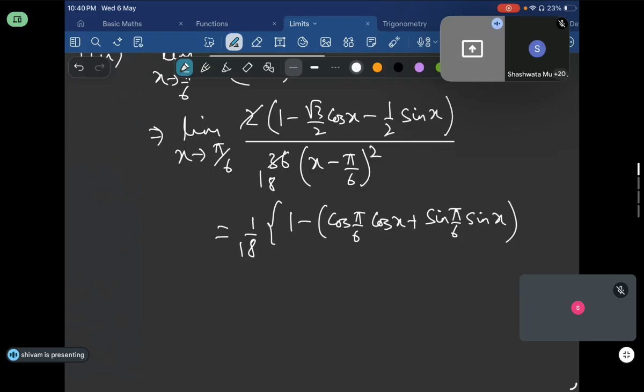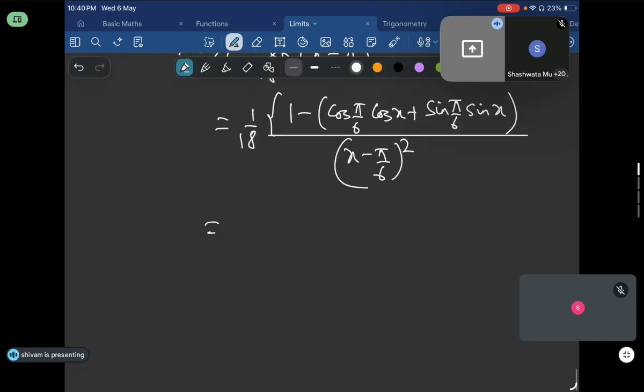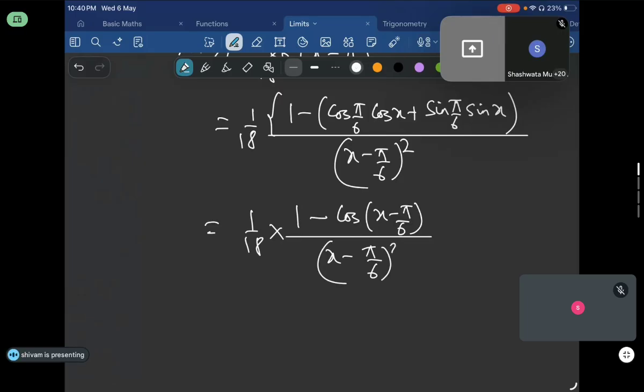Okay, everyone. So see, it is the cos a plus b formula, divided by x minus pi by 6 whole square. So see everyone, this will become 1 by 18 multiplied by 1 minus cos of x minus pi by 6 divided by x minus pi by 6 whole square. Just check whether the argument is tending to 0 or not.